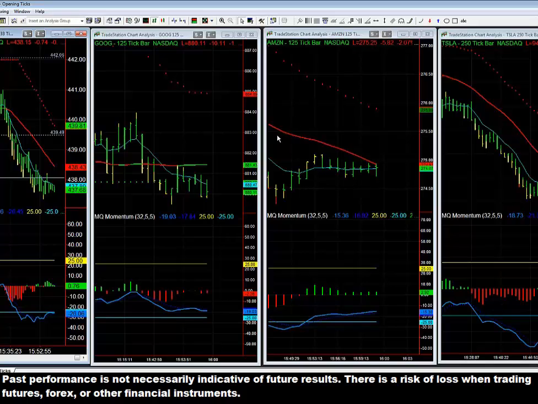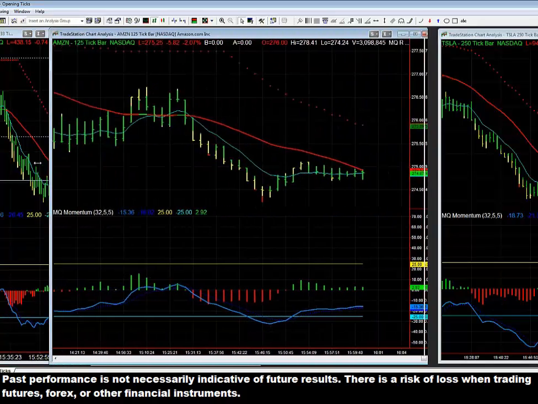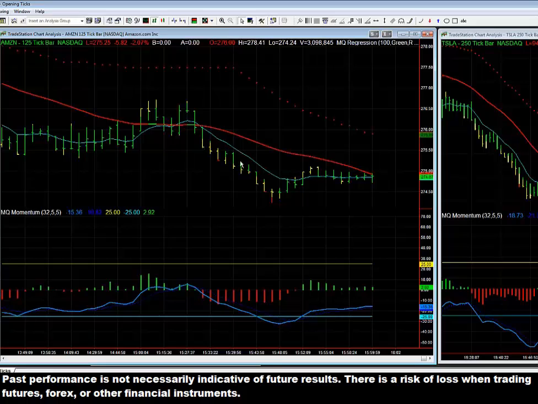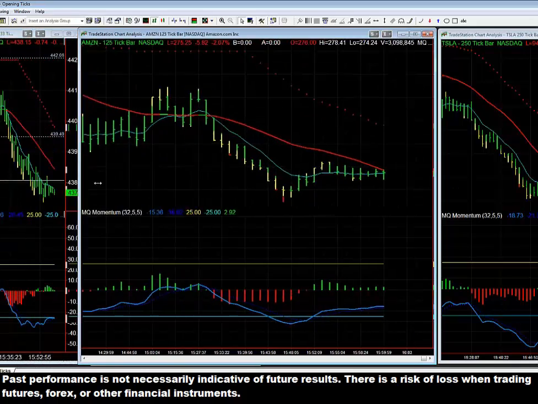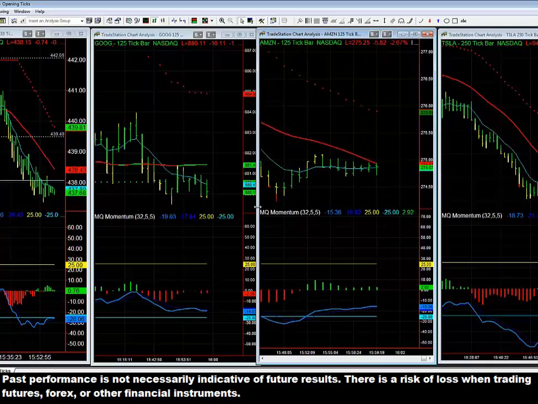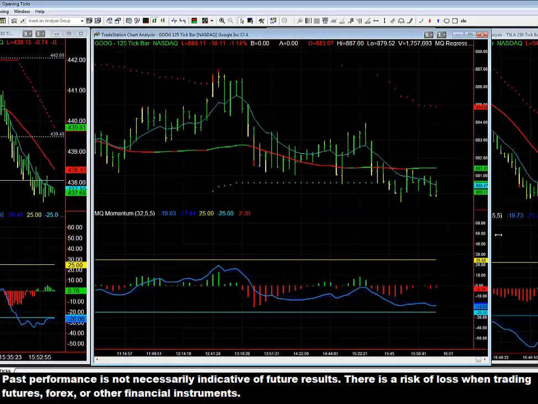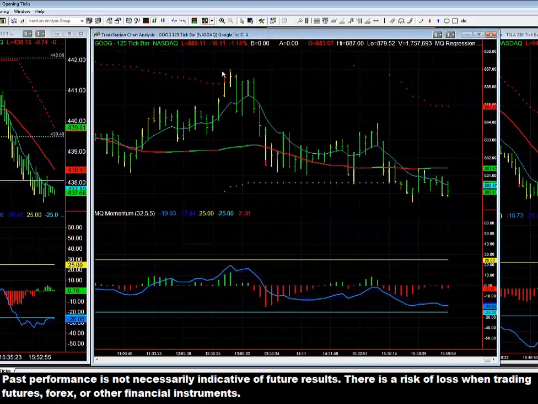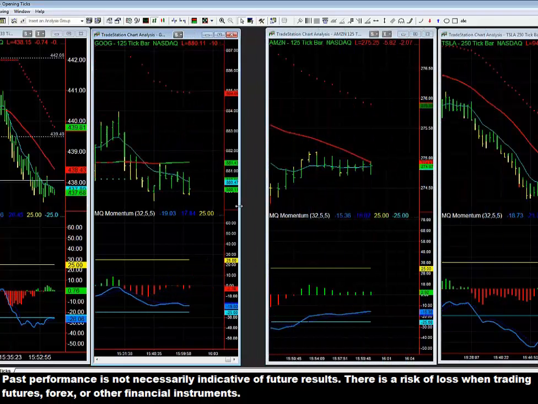Amazon has been, I wouldn't say the worst, but of the four, it has tended to move the least in the past couple of months, but recently it's just woken up. Google has come back off its rocket trajectory and come back down to earth. Apple is probably the best moving one right now.